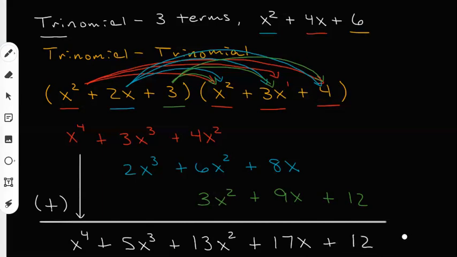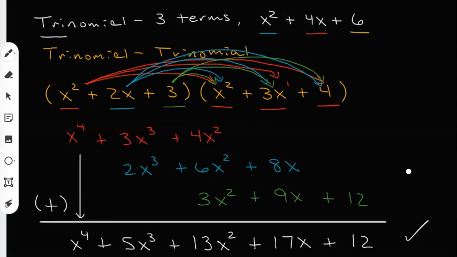And I'm done. That's going to be my answer at the bottom. Notice this polynomial at the bottom has 5 terms. It's got x to the 4th power, 5x cubed, 13x squared, 17x, and 12.